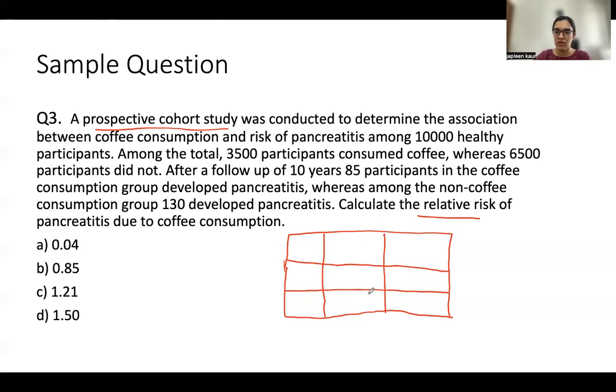And this is coffee, no coffee, then pancreatitis, no pancreatitis, right? So this was your A, B, C, and D. All out of 3,500 patients, the total who consumed coffee is 3,500.